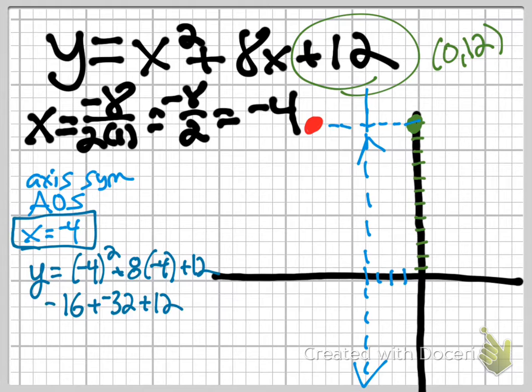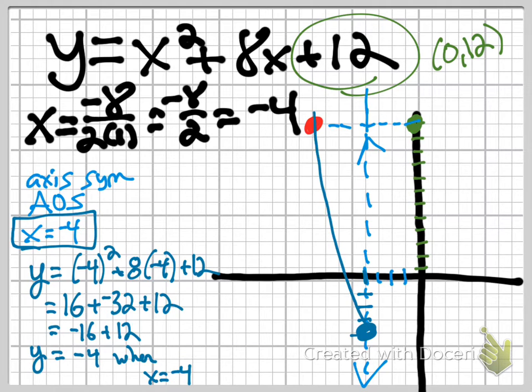And that's going to give me -16 plus 12. And that's going to give me -4. That is y equals -4 when, coincidentally, the x equals -4. So if I go to my axis of symmetry and I go down 4, right there, now I have enough that I can get my parabola.